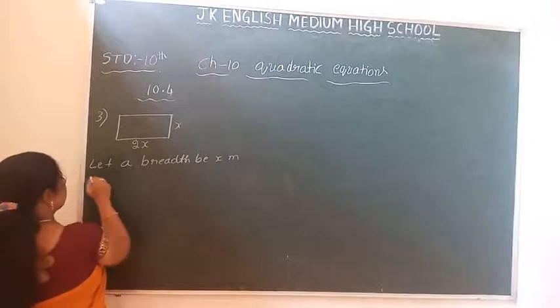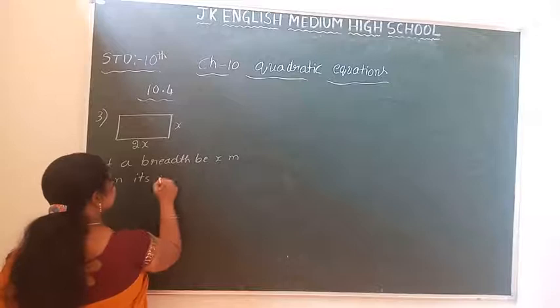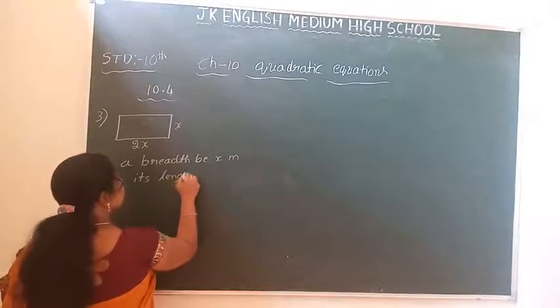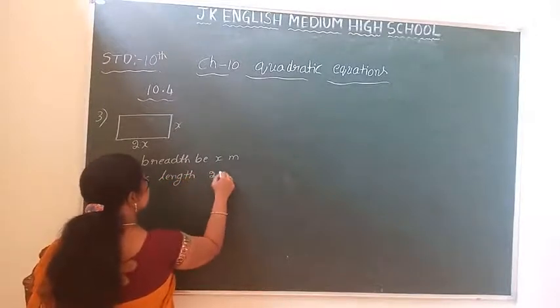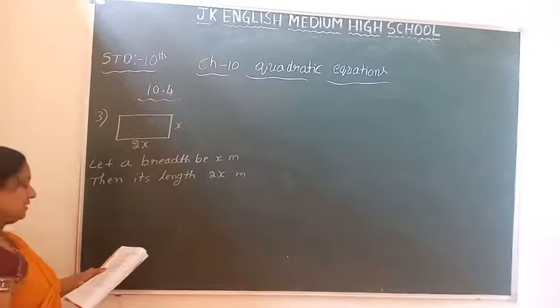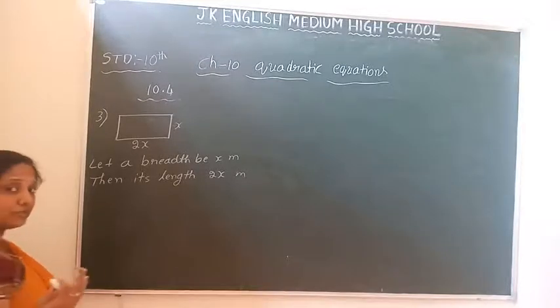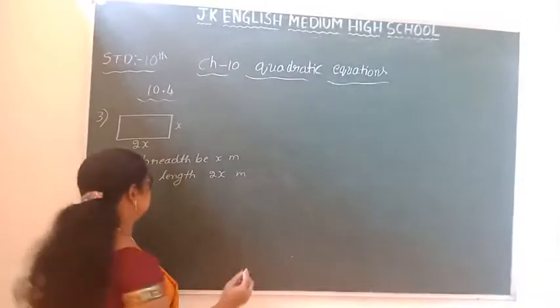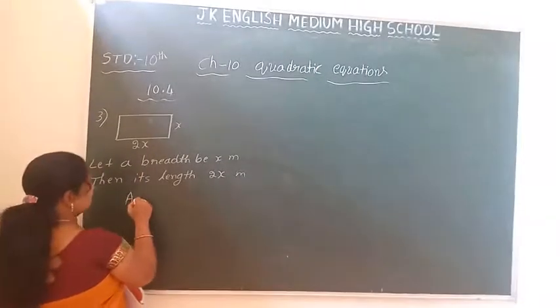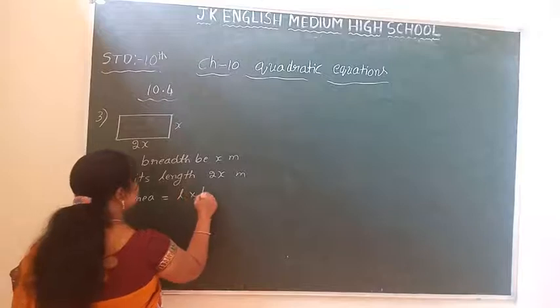Then its length becomes 2x according to the statement. Then the area they gave. What is the formula to find the area of a rectangle? Area of rectangle is equal to length into breadth.